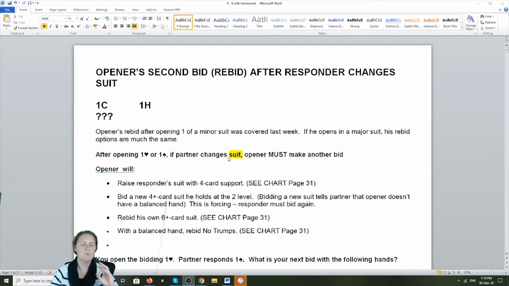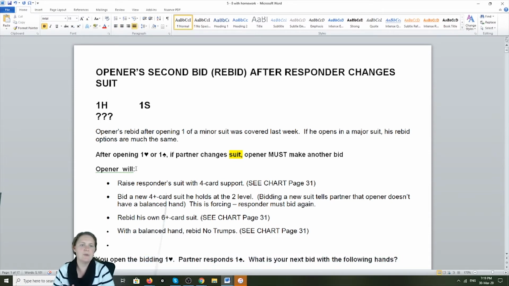So if partner were to bid no trumps here, you can actually pass. But if our responder bids a new suit, so here they bid hearts, opener must make another bid. So I'm just going to change that auction back. I'm going to make it a 1 heart opening and then a 1 spade response, because that's going to be the demonstration, I guess, that we get for our problems that come up.